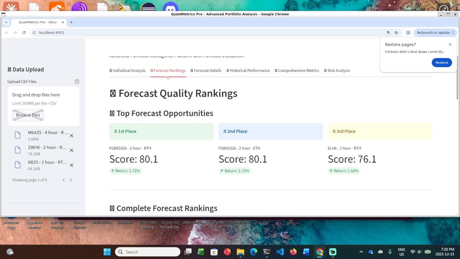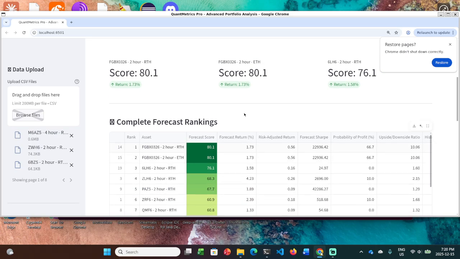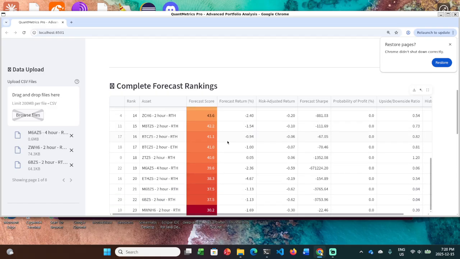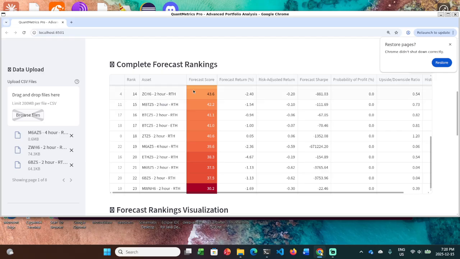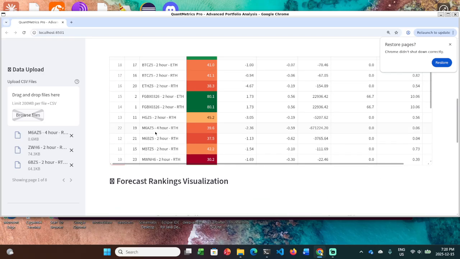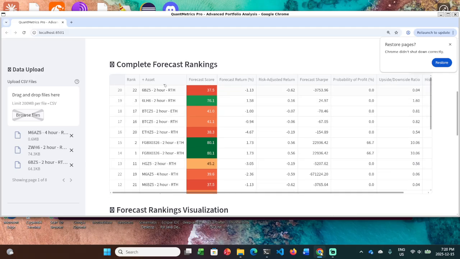So let's check out our forecast as well. This is the important one. Overall, I have no idea how many we have here. Let's see. I think I just saw 22, it looks like. Okay.